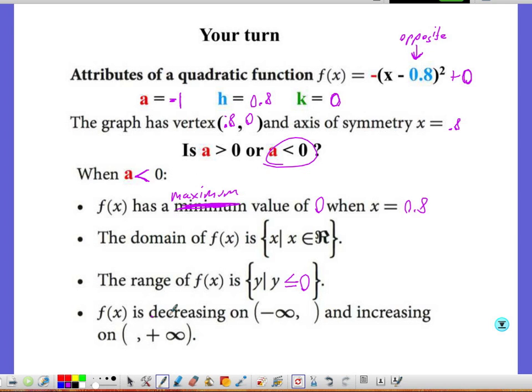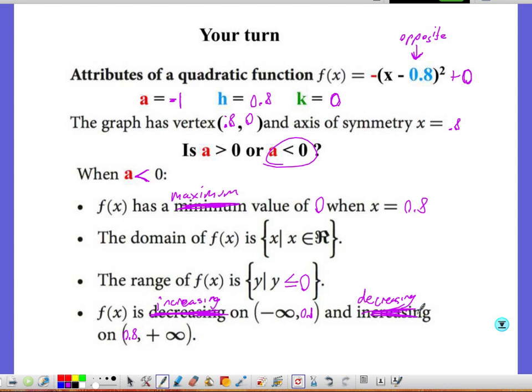And finally, f of x is increasing on negative infinity to h, which is 0.8, and decreasing on h, which is 0.8, to positive infinity.